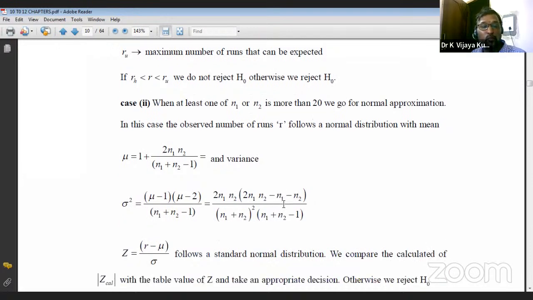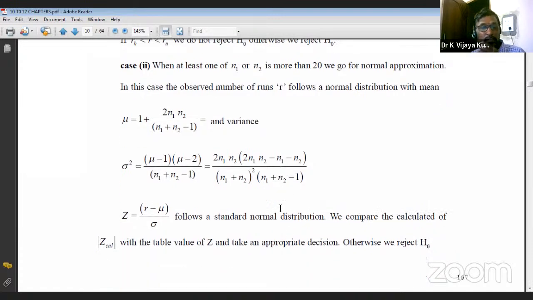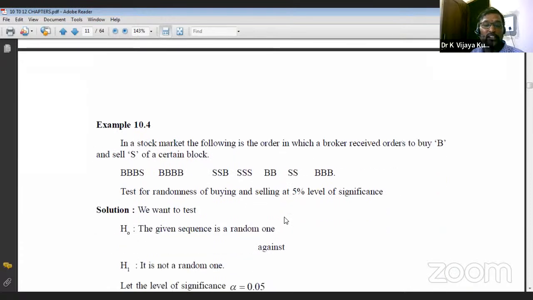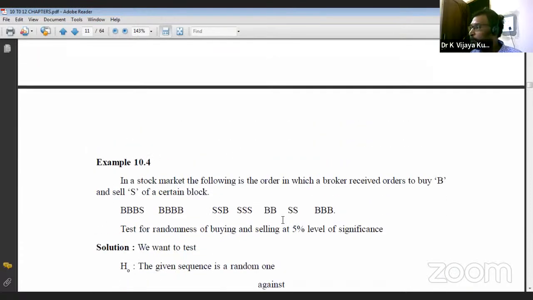So z equal to (R minus mu) by sigma follows a standard normal distribution. We compare the calculated value of z to the table value of z and take an appropriate decision. Otherwise, we reject H0.